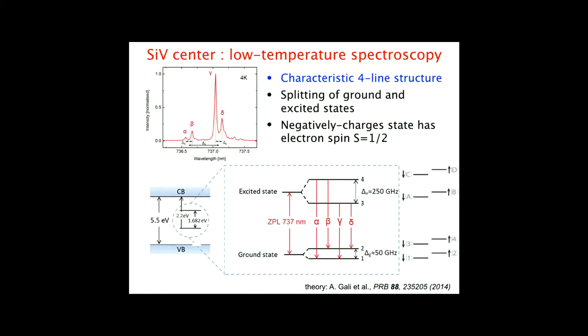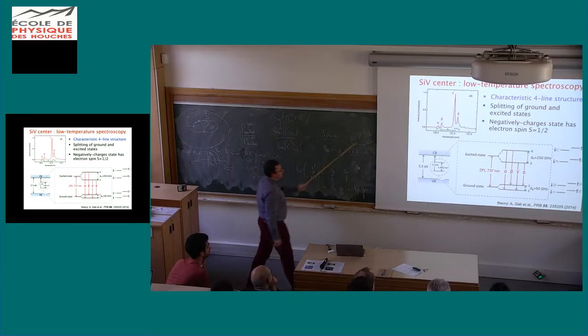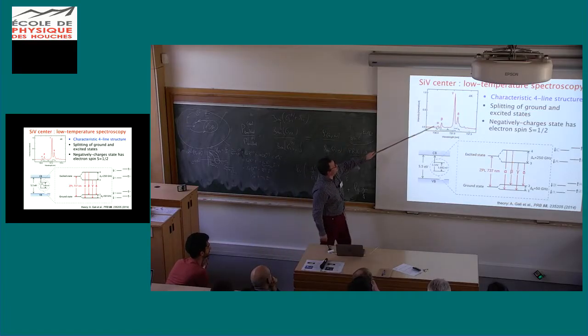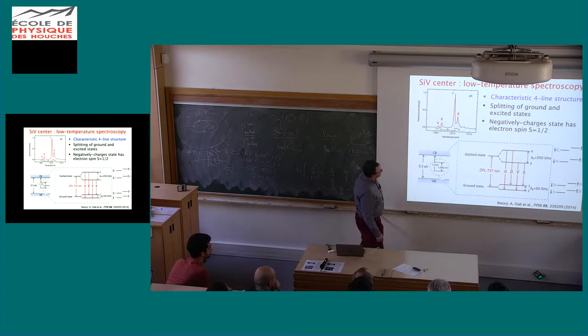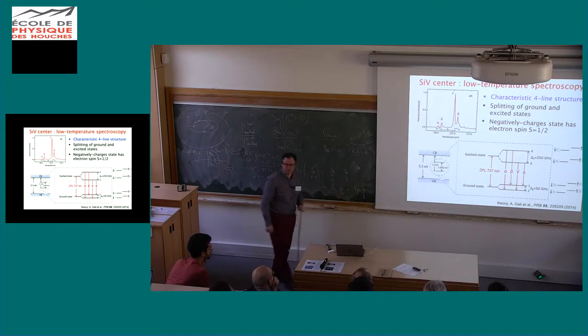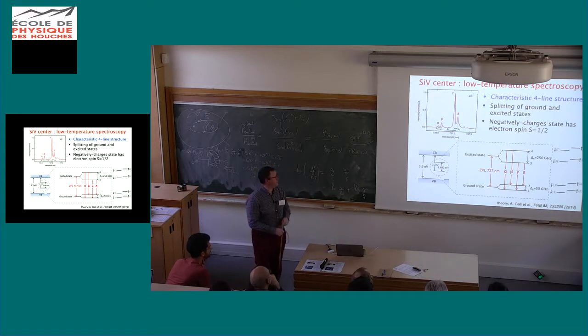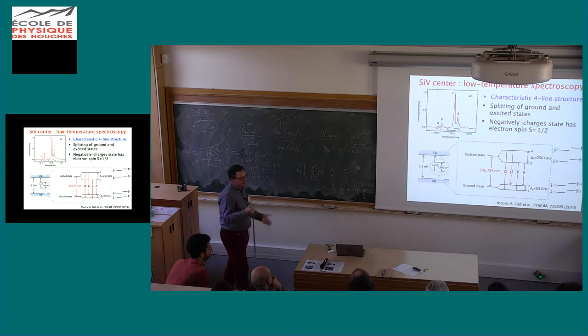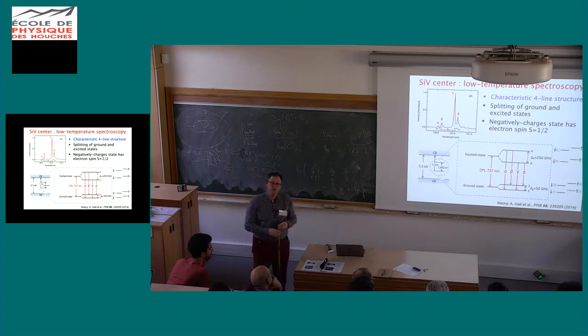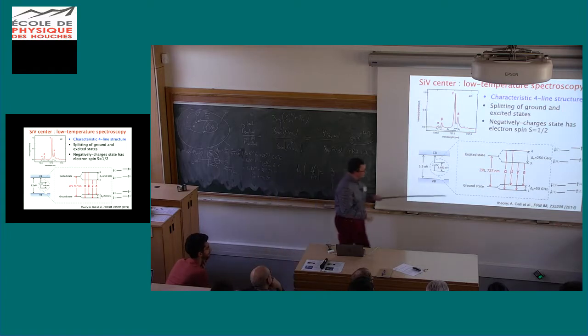So now if I do the low temperature spectroscopy, I usually have, in the case of the silicon vacancy center, a four-line structure like that. And this corresponds to the splitting of the ground and excited states that, again, can be calculated exactly following the procedure I described previously.